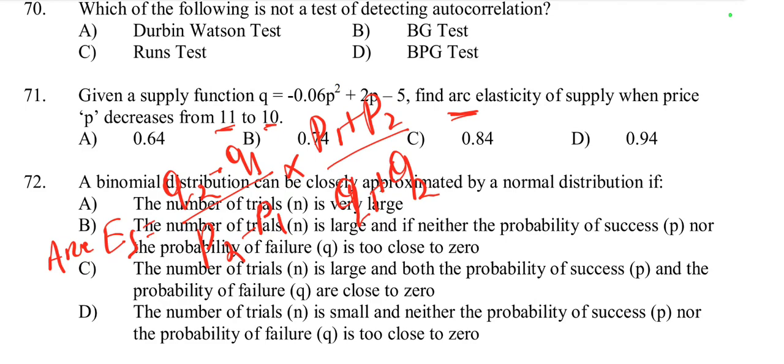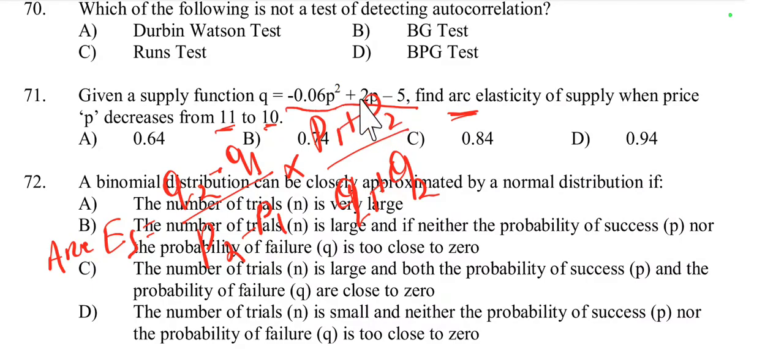Now we have to find the value of Q1 and Q2. The Q value is given as minus 0.06 P square plus 2P minus 5. First we put the value of P1 to find Q1, then we put the value of P2 in the equation to find Q2.